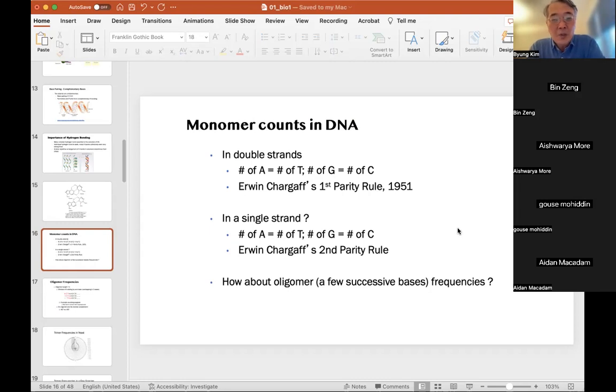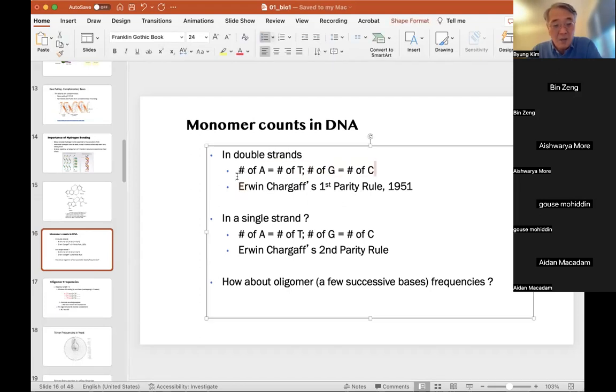And prior to Watson and Crick, Chargaff had already observed or counted the number of the nucleotides A and T in DNA sequences, and he already established the relationship.